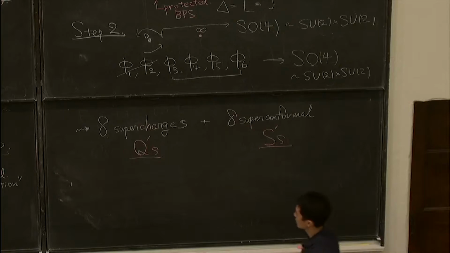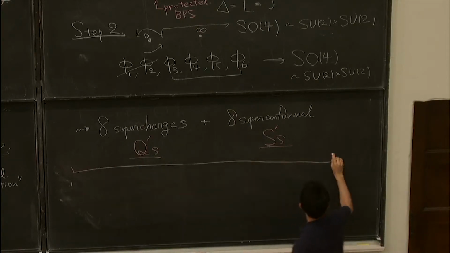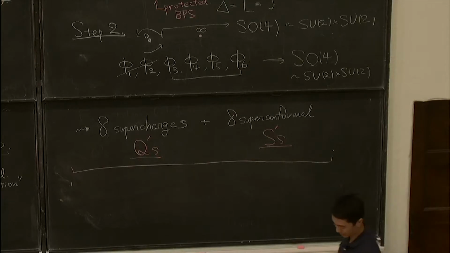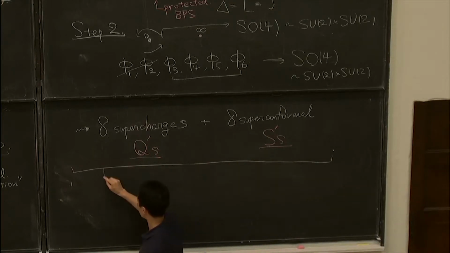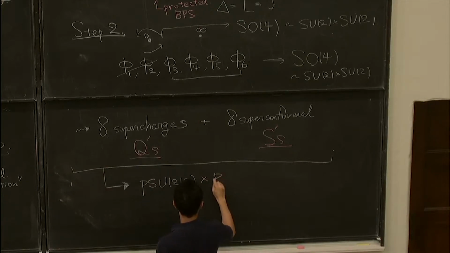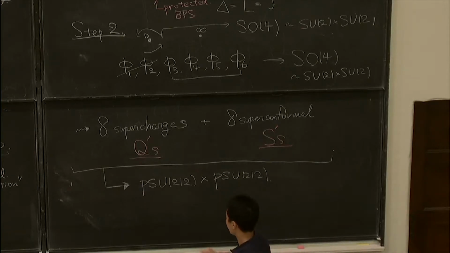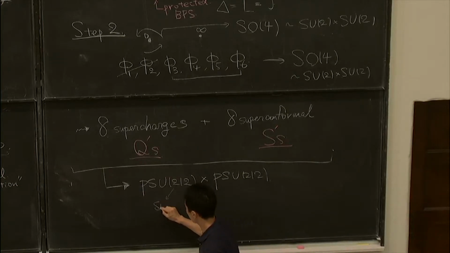And a nice fact about all these little groups is that you can actually combine them into a nice supergroup, which is PSU(2|2) times PSU(2|2). Each PSU(2|2) contains an SU2 times SU2 bosonic subgroup.